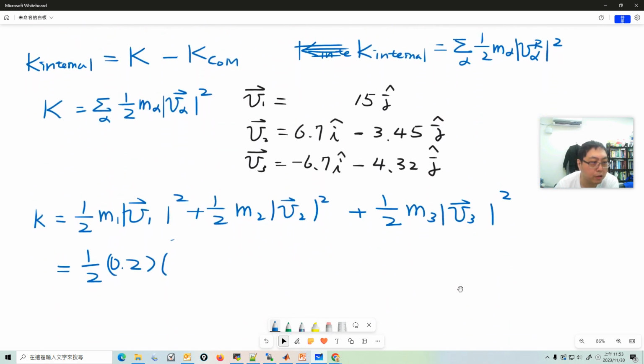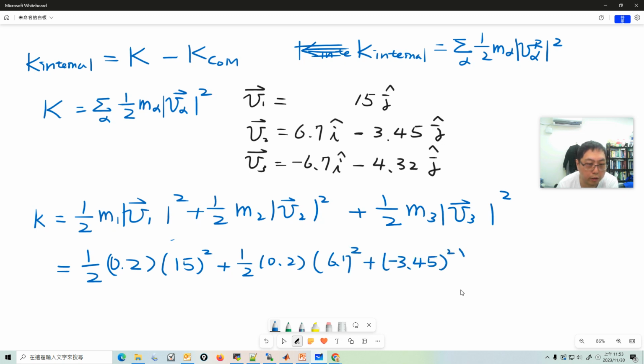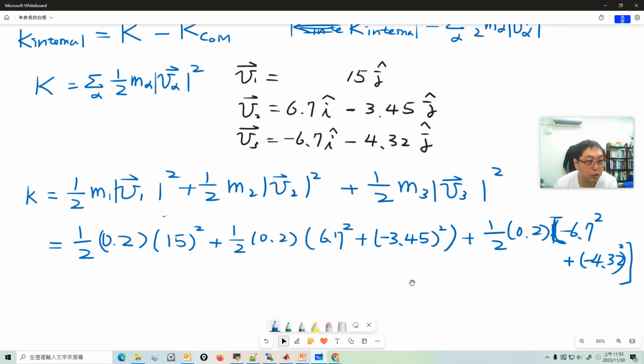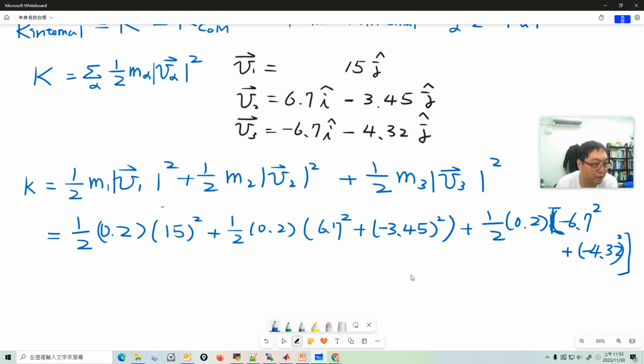So this one is 15 square, plus 1 over 2, 0.2, and V2 square is 6.7 square plus minus 3.45 square. The last term is 1 over 2, 0.2, and V3 is minus 6.7 square plus minus 4.32 square. Just use your calculator to find the values.